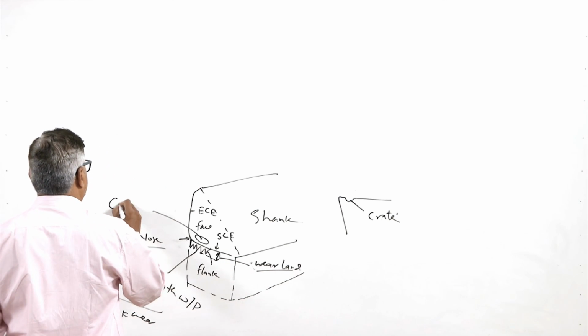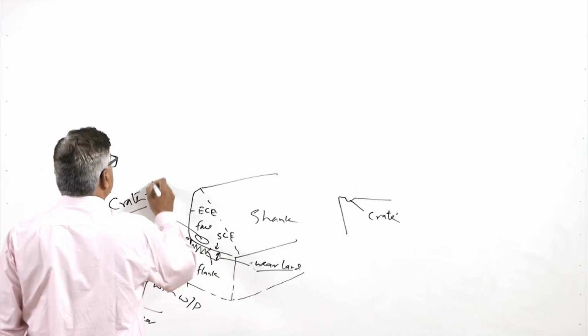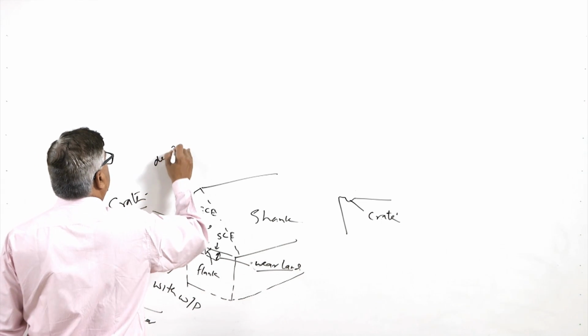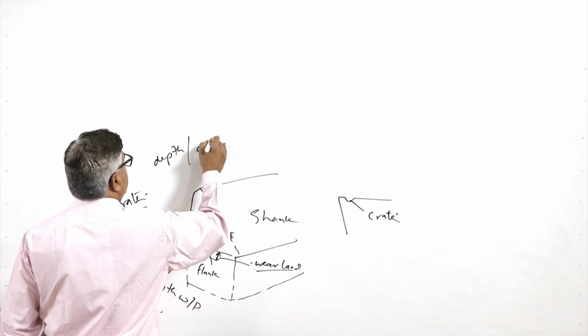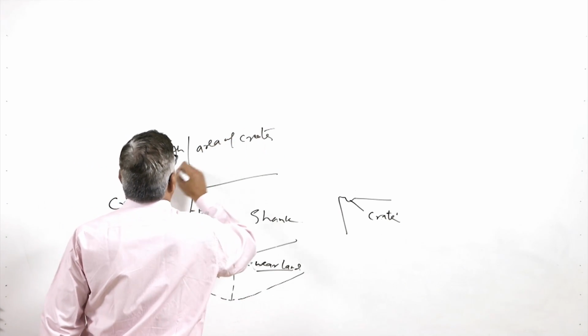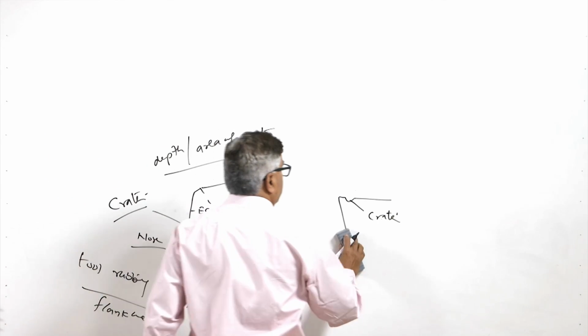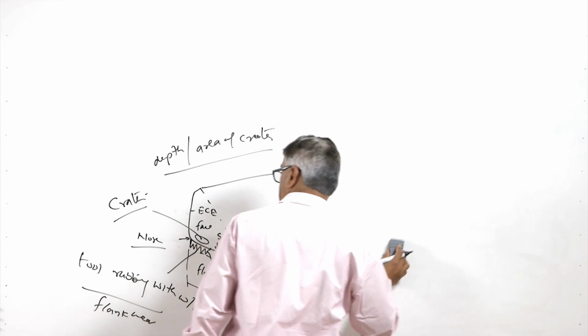So, the crater near the cutting edge on the rake face is formed. So, the depth of the crater as well as the area of the crater are both used to characterize the wear due to the crater, or the size of the crater.